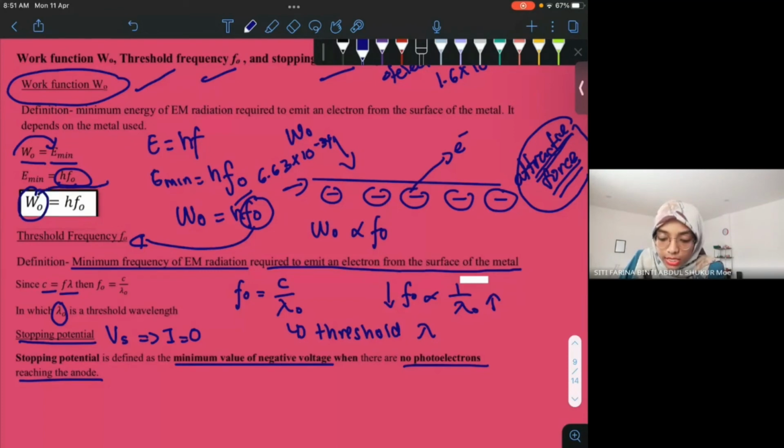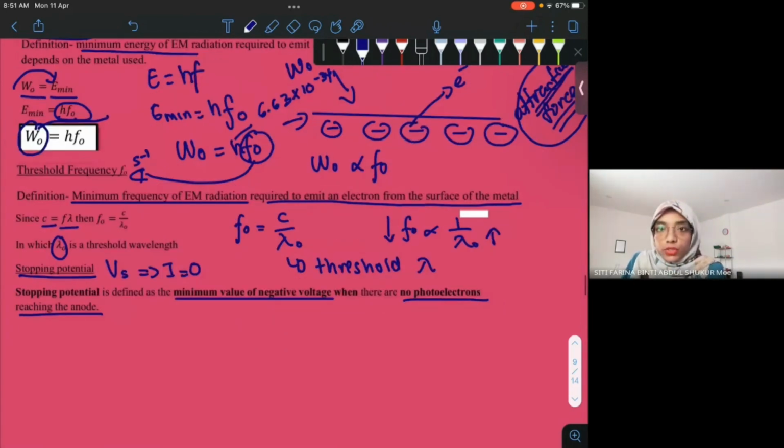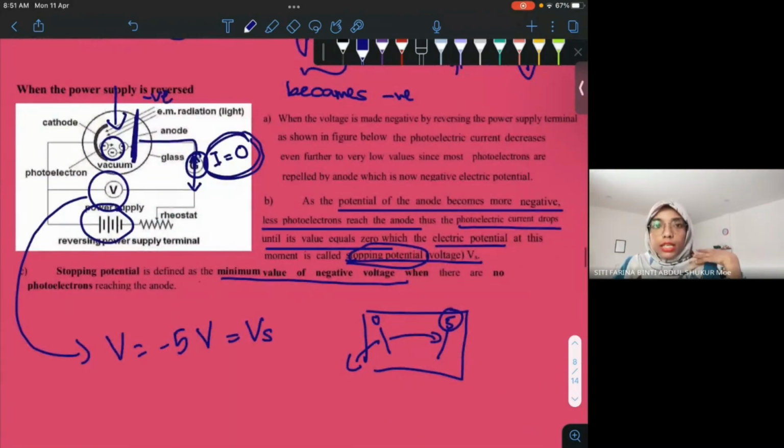So work function here is still a measure of energy basically, because it is minimum energy, so its unit is joule. Threshold frequency is still frequency, so its unit is S-1 or Hertz. Okay, and then we have the definition of stopping potential, which we actually already saw in the process of the photoelectric effect.